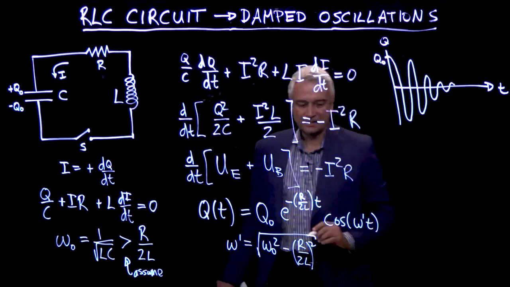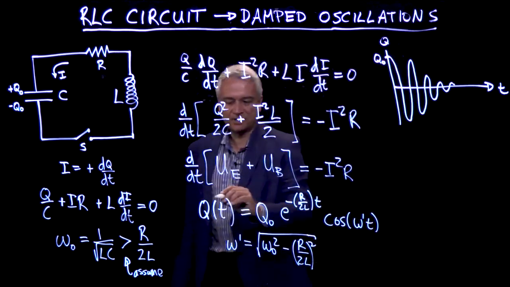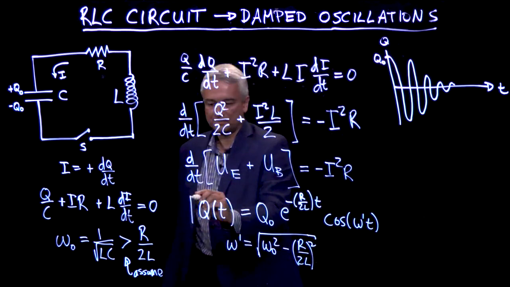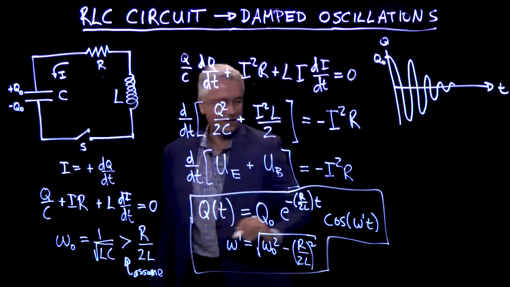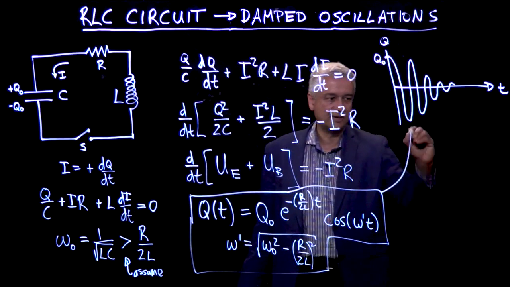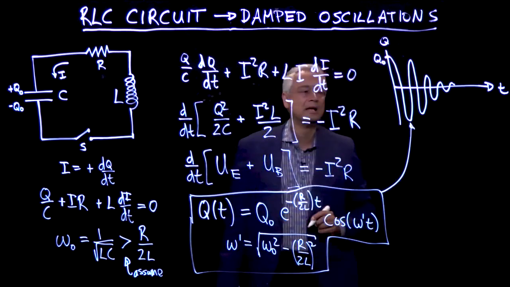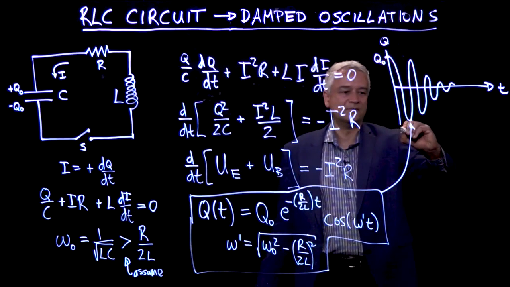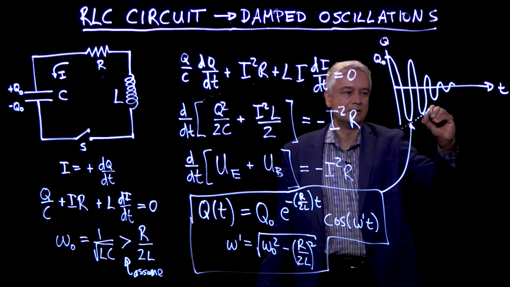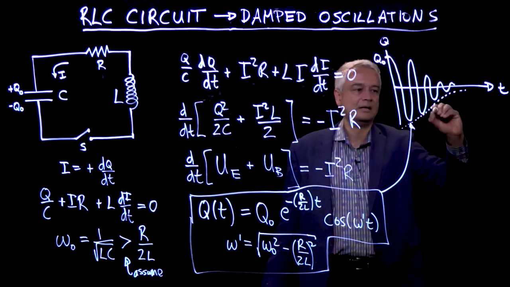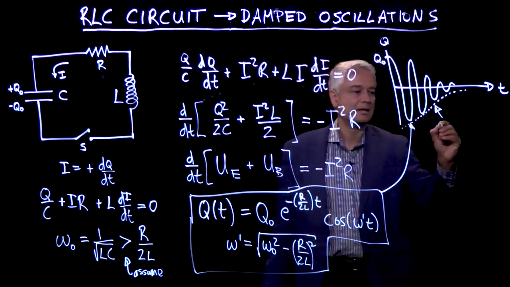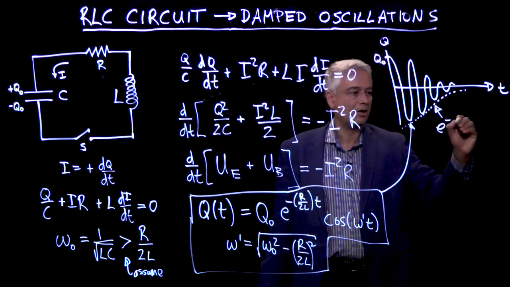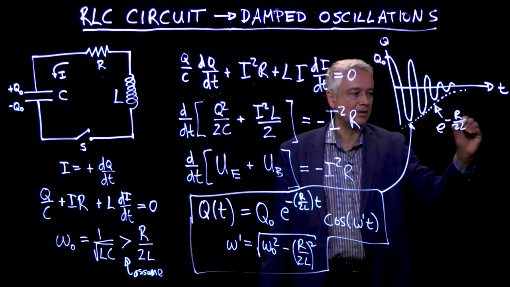So this function, q of t, with that definition of omega prime, is what I've plotted right there. And the envelope of this oscillation, this decaying envelope, is the exponentially decaying function, e to the minus r over 2L times t.